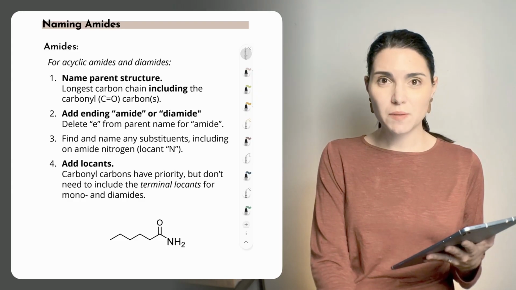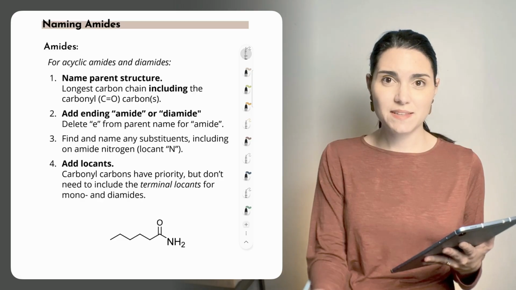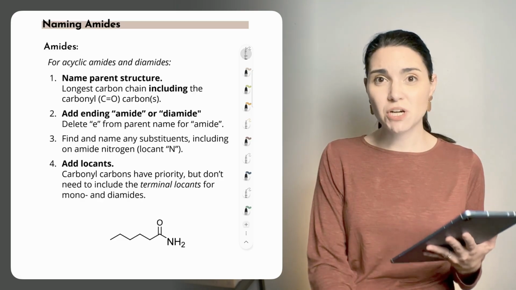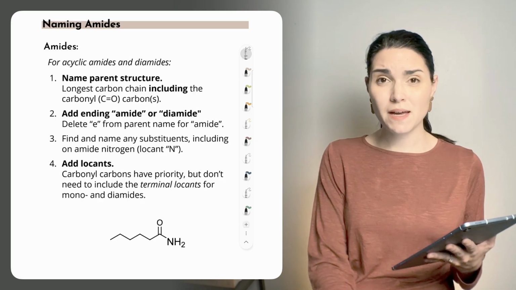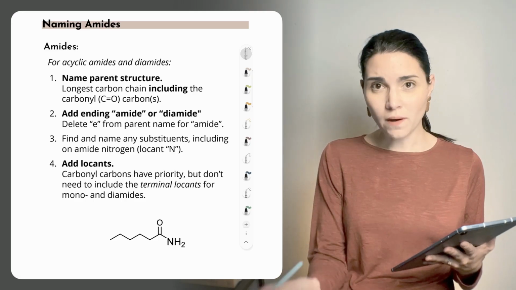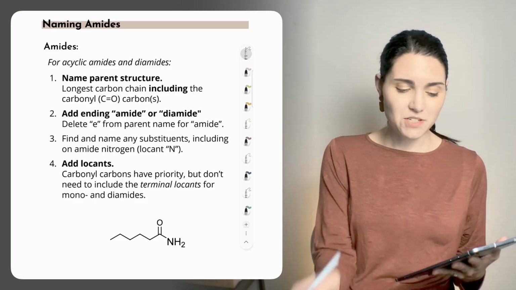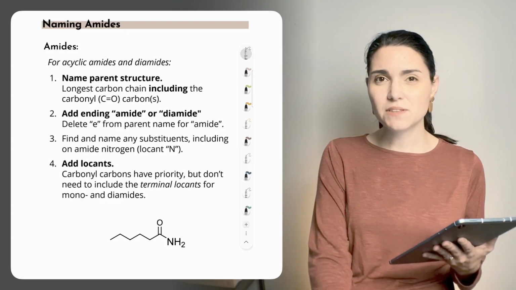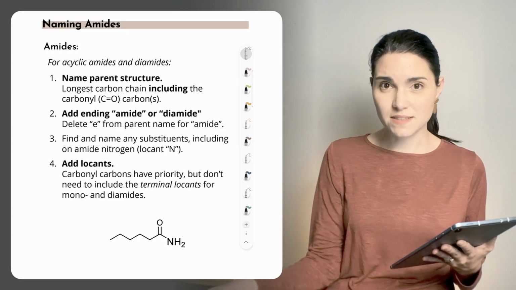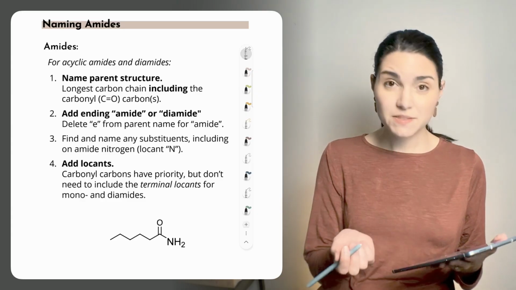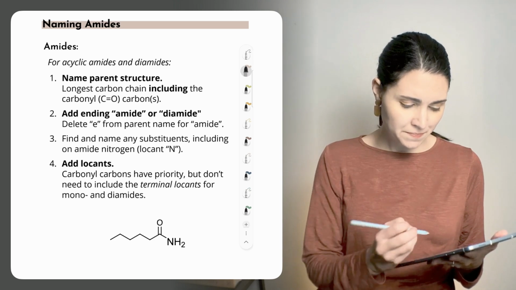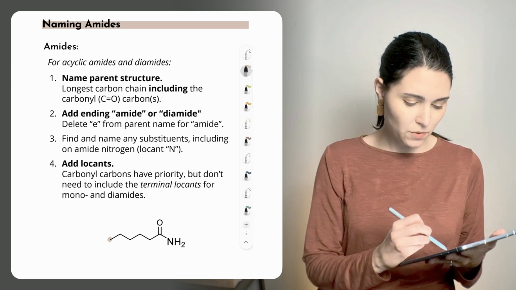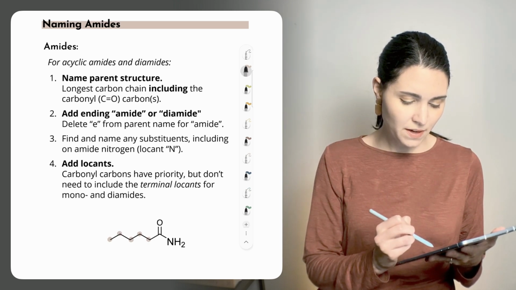So the carbonyl carbons, again, in this case, just like in the examples we saw before, they terminate the chain. So they're always going to end up being one or one and whatever the other end of the chain is. And so we're allowed to omit them in this case, but they still determine the numbering of anything else that's on the molecule. So let's do this example below. How many carbons does it have? 1, 2, 3, 4, 5, 6.